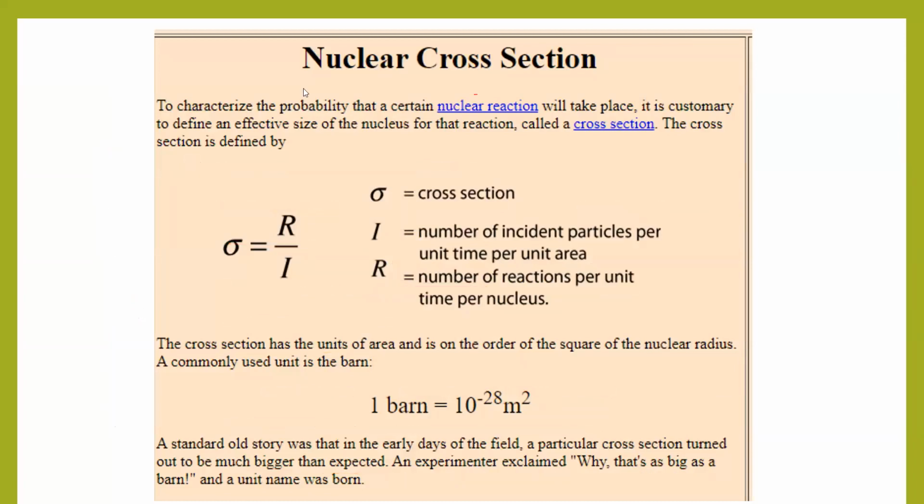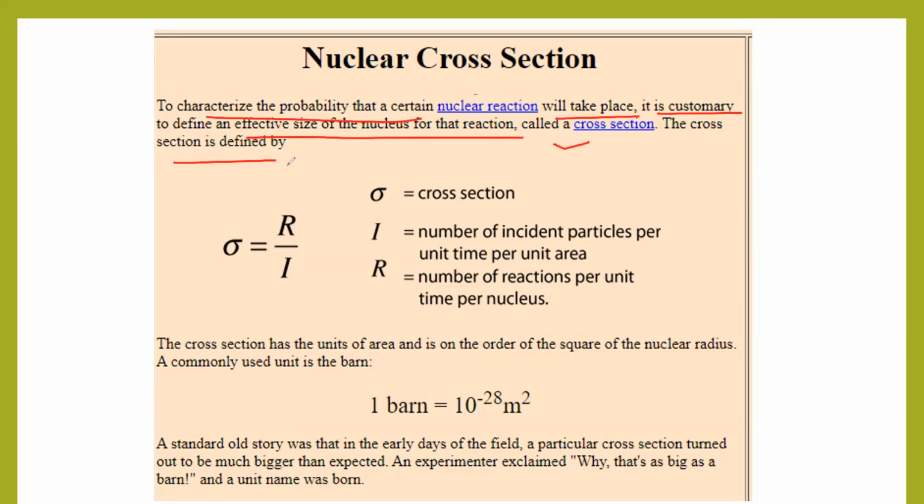Now, nuclear cross-section. What is nuclear cross-section? To characterize the probability that a certain nuclear reaction will take place, it is customary to define an effective size of the nucleus for the reaction that is called the cross section. It means how much probability there is that the nucleus will undergo a nuclear reaction. For that purpose, the effective size of the nucleus is required.